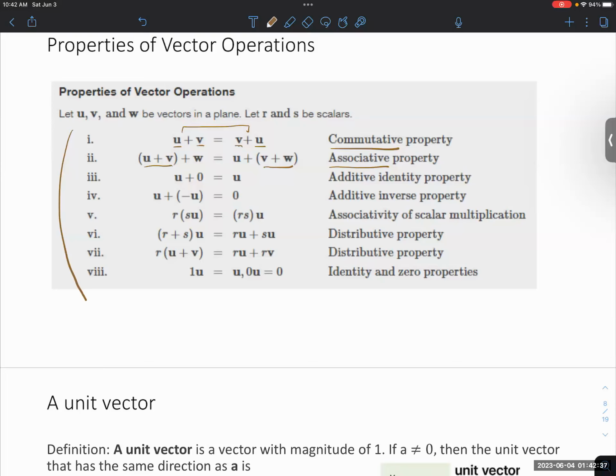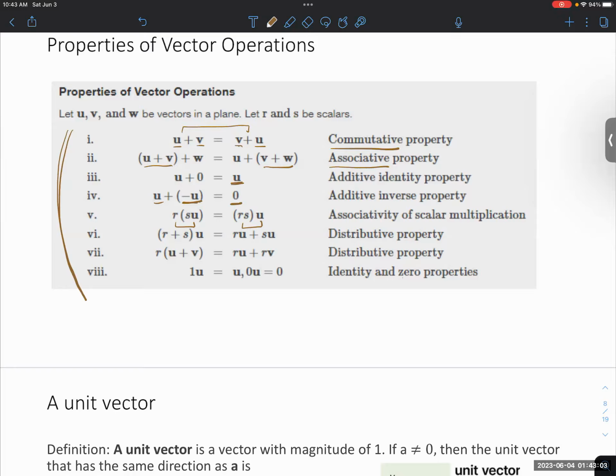No matter what, adding 0 gives you yourself. If you subtract the opposite, it goes back to 0. If you have a scalar multiplication, you can also change the order. And the distributive property, the same algebraic properties apply in vector operations as well. I want to make sure these are the properties of vector operation.